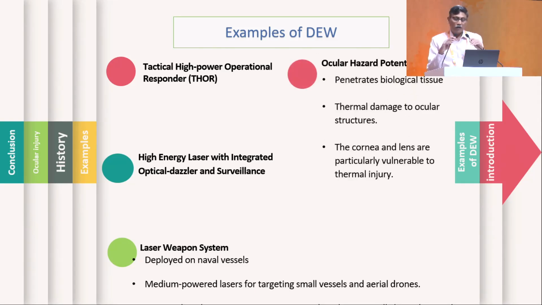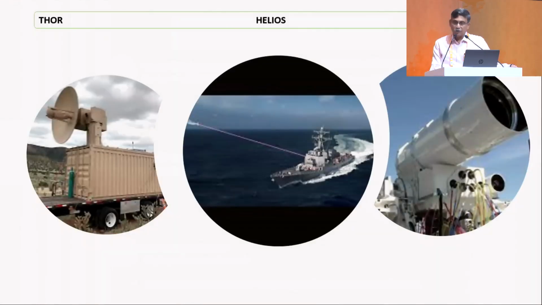All these have an ocular hazard potential because they penetrate biological tissues, and the cornea and lens especially are vulnerable to thermal injury. Some of these weapon systems also include the lethal autonomous weapons, the LAWs.